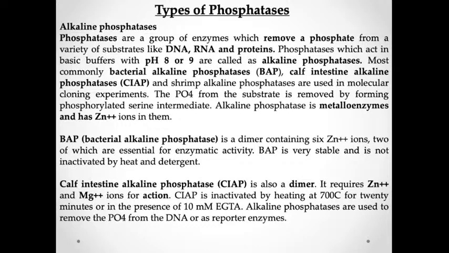So let's discuss BAP. BAP is a dimer containing 6 zinc ions, 2 of which are essential for enzyme activity, and it is quite stable and does not get inactivated by heat or detergent. Whereas CIAP is also a dimer. It requires zinc and magnesium for its action, and it is inactivated by heating at 70 degrees Celsius for 20 minutes or in the presence of 10 millimolar EGTA.